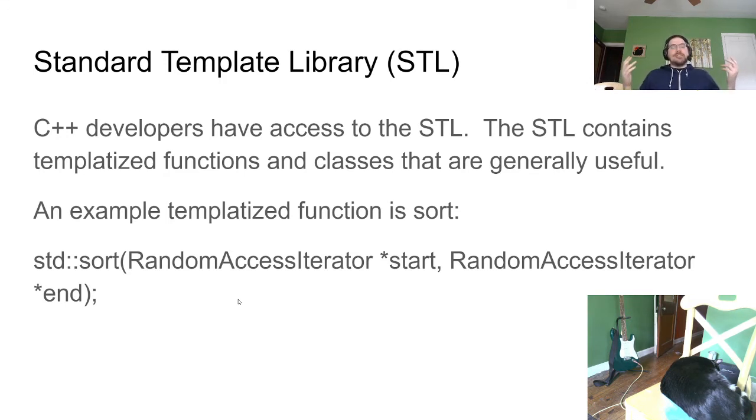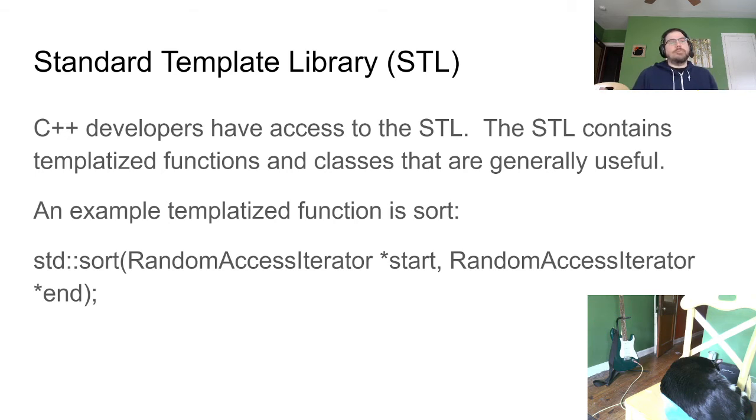All right, so then let's get started talking about the standard template library. The standard template library is built into C++. It contains templatized functions and classes. So in the last video, we templatized our stack class, but you can also templatize an individual function.